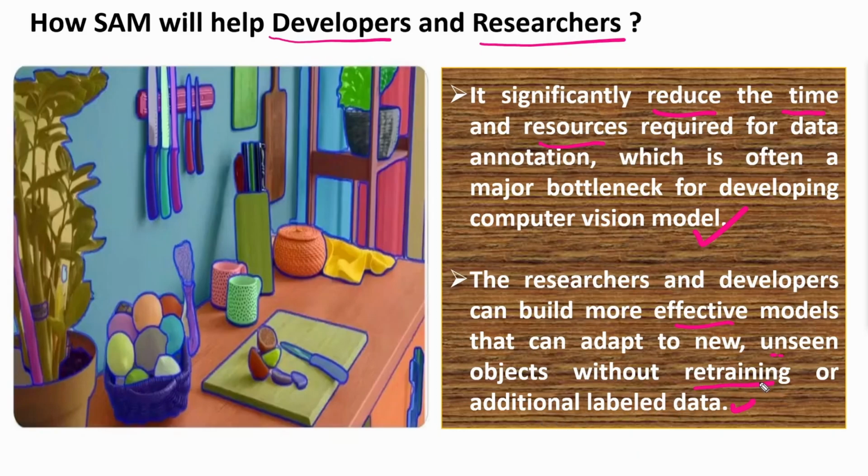So if I want to develop a new computer vision model that can detect this type of unseen object inside the image, SAM can help us by annotating the image, and with that labeling we can develop a new computer vision model that can detect this specific object that has not been seen in its training. So definitely it will reduce the time and resources required for data annotation and data labeling.